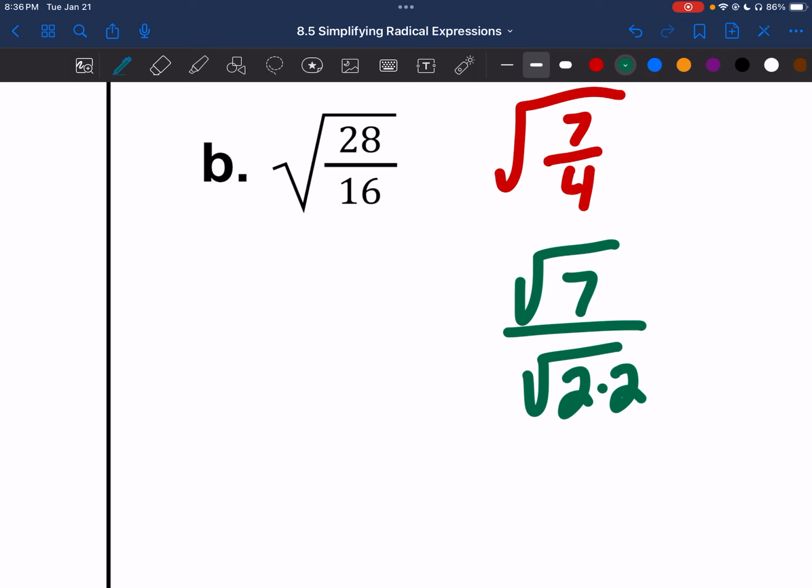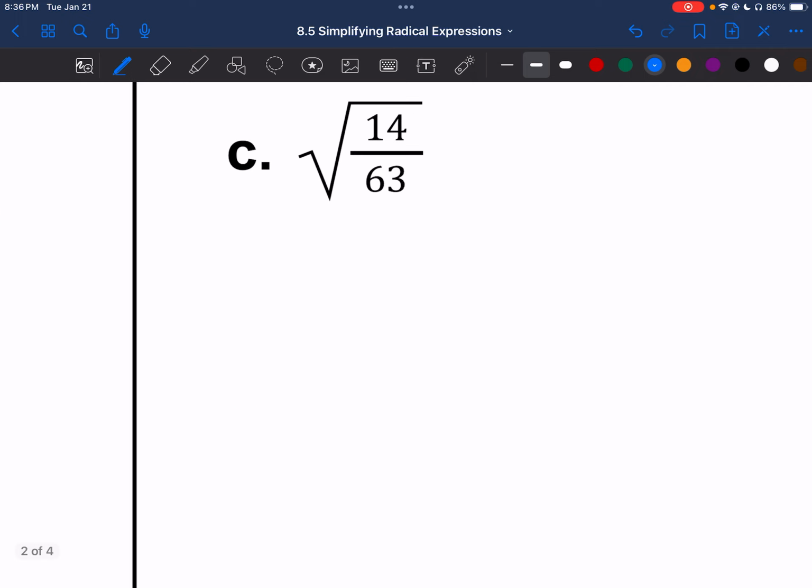So the square root of 7, nothing I can do there. 7 is a prime number. Square root of 4 is 2 times 2, which gives me a pair of factors that I can bring out. And so I'm going to have the square root of 7 over 2. And that's the simplified form, square root of 7 over 2.